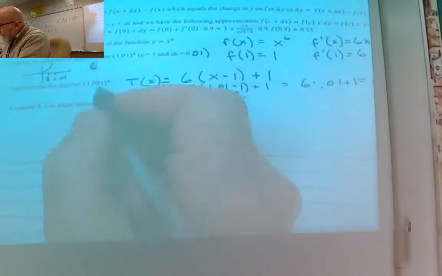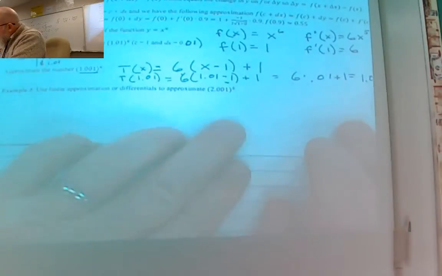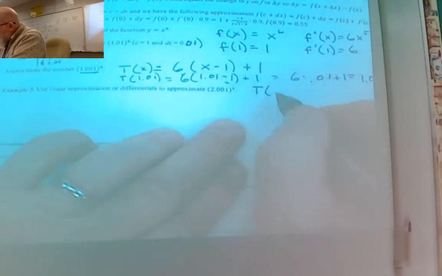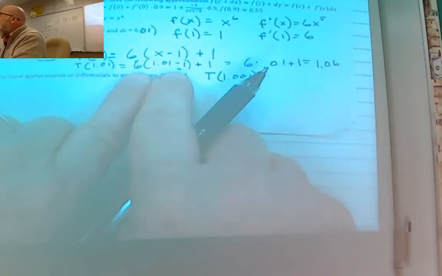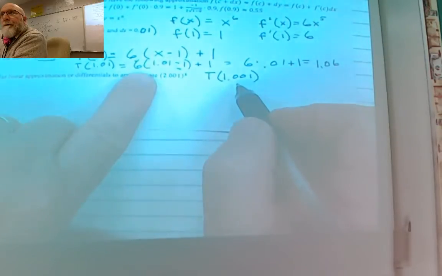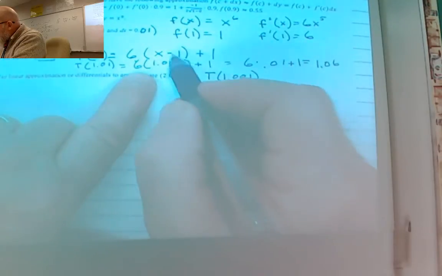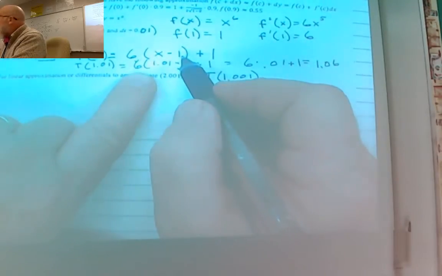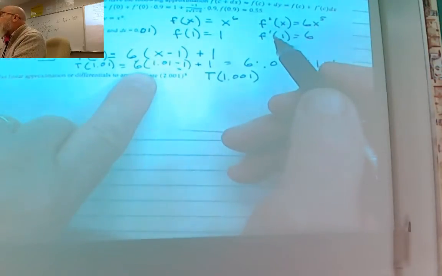So I'm going to approximate the next one. What will that look like? Well, into my function, I'm going to put 1.001. And I can skip this part, can't I? Do I know the difference between this and 1? Aren't I going to do 1.001 minus 1? The difference, d of x, the difference between those is what?